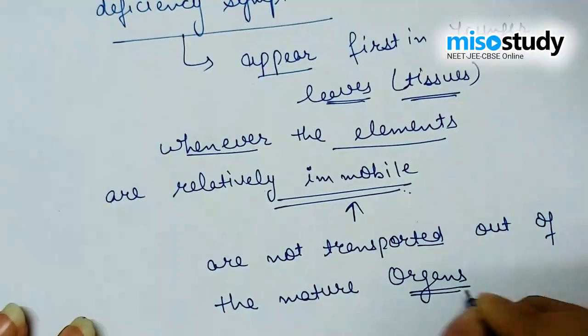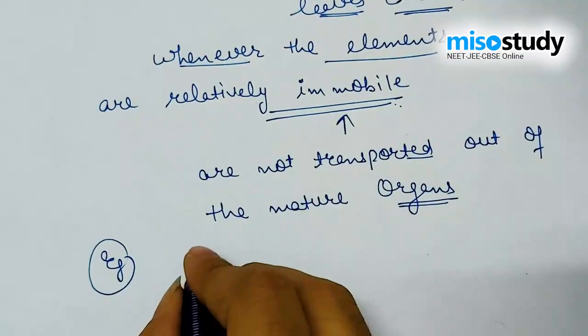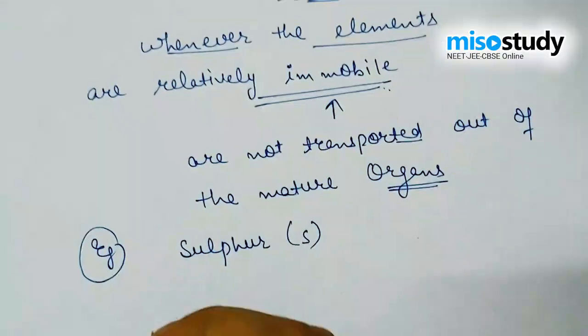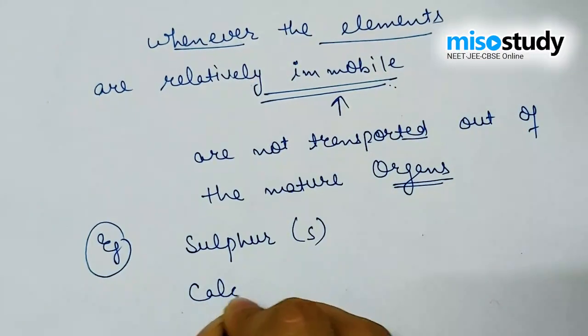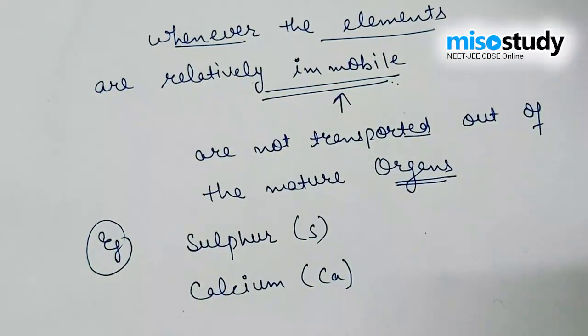Such elements are, for example, sulfur, written as S, and calcium, written as Ca.